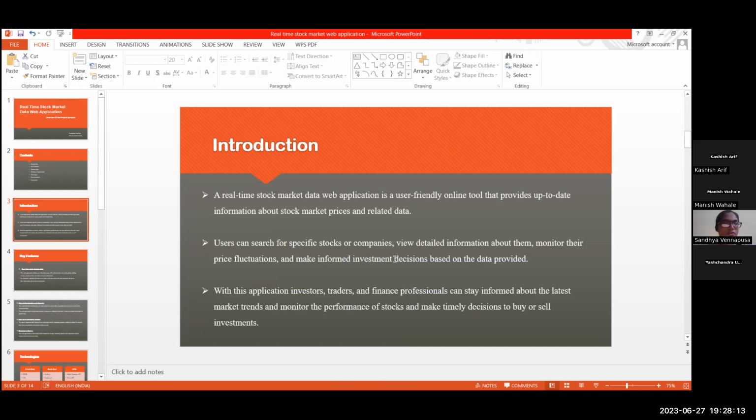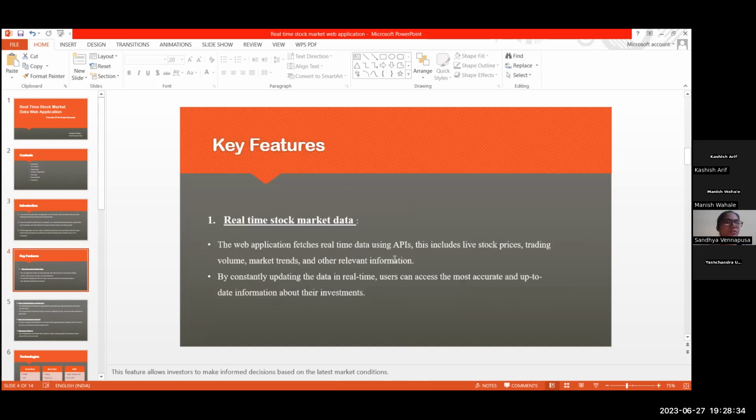With this web application, investors, traders, and financial professionals can stay informed about the latest market trends, monitor the performance of stocks, and make timely decisions to buy or sell investments.